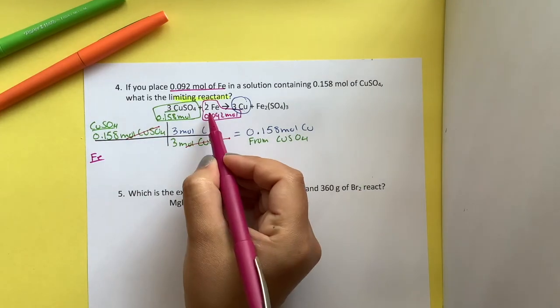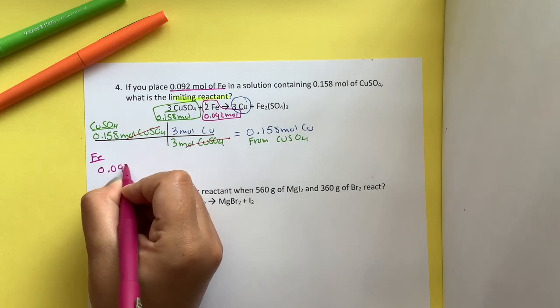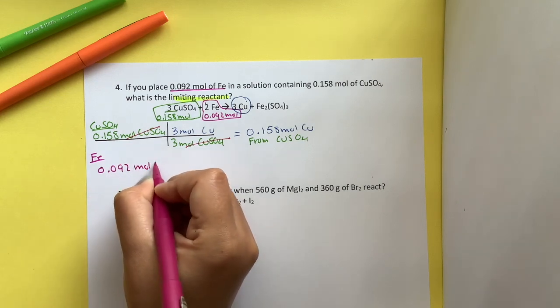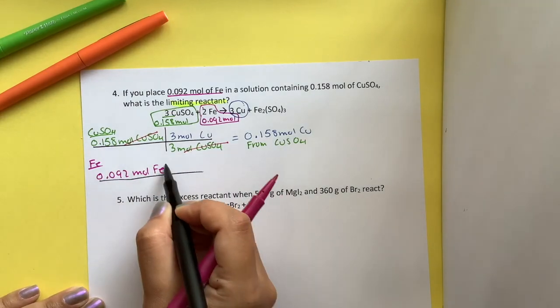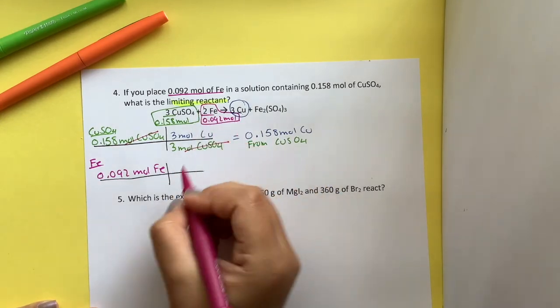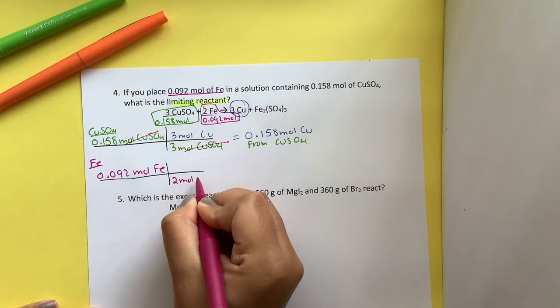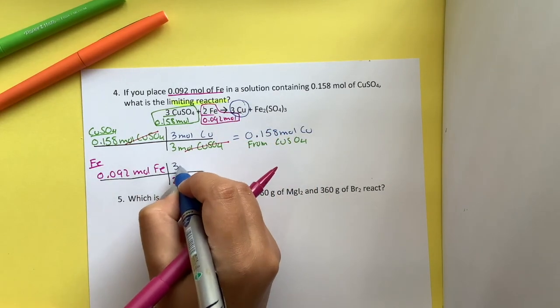So Fe, I started with 0.092 moles of iron. Since I'm already in moles, my next step is to use a mole ratio, which according to my balanced equation, I have 2 moles of iron for every 3 moles of copper.